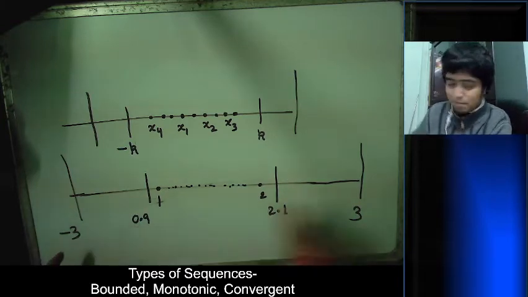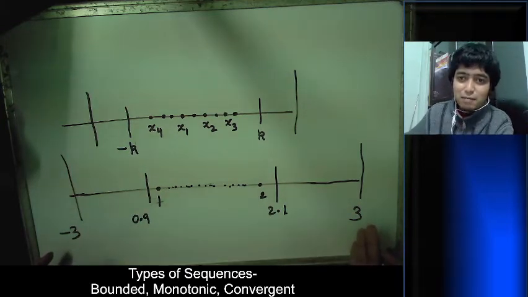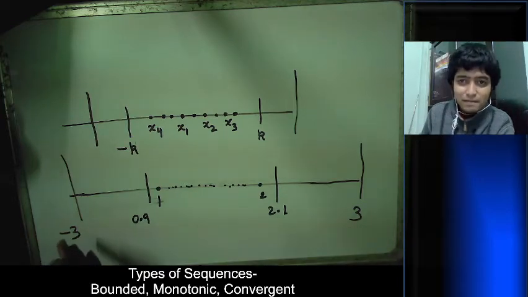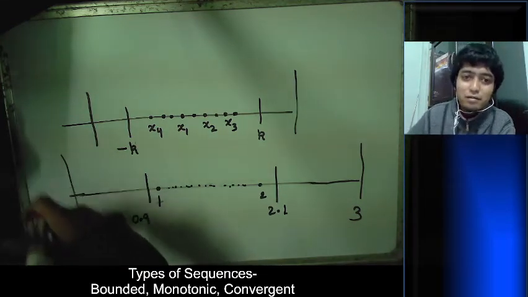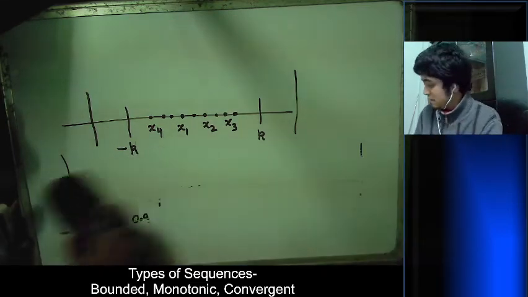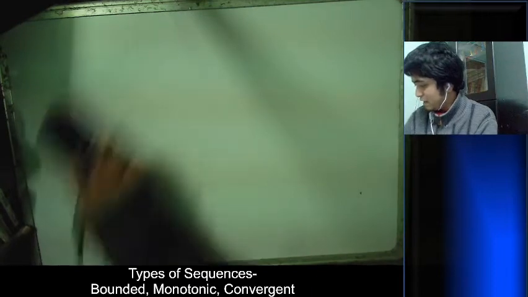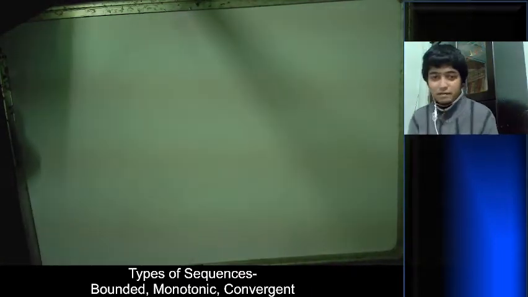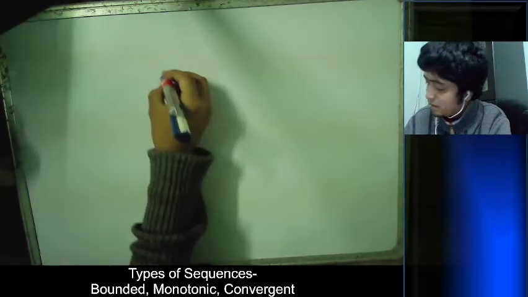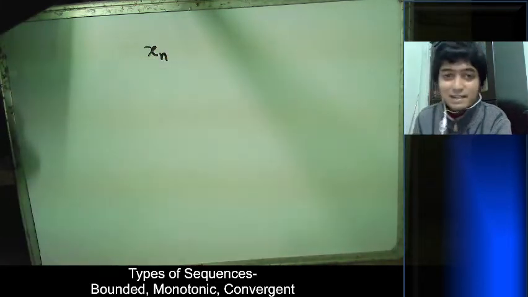As long as we can bound the sequence by two walls, the right wall and the left wall, then the sequence is called a bounded sequence. So what exactly is happening? If you remember, we were denoting sequences as xn.